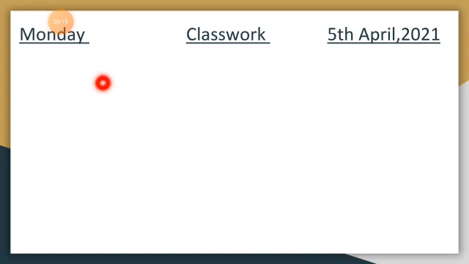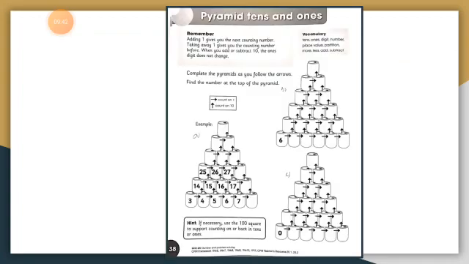Okay, with very neat writing, put the day, classwork and date and underline it. Your writing should be very neat. With full spelling, you are going to write it down. Classwork full spelling, Monday full spelling, April full spelling. The date is 5th April 2021. This is how you will put your date and day.